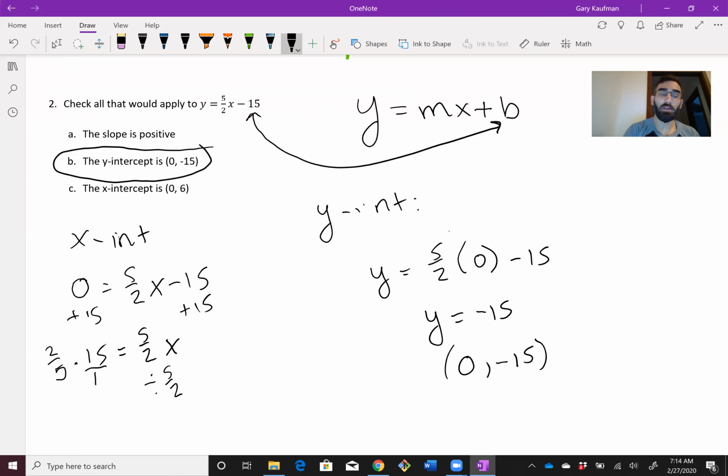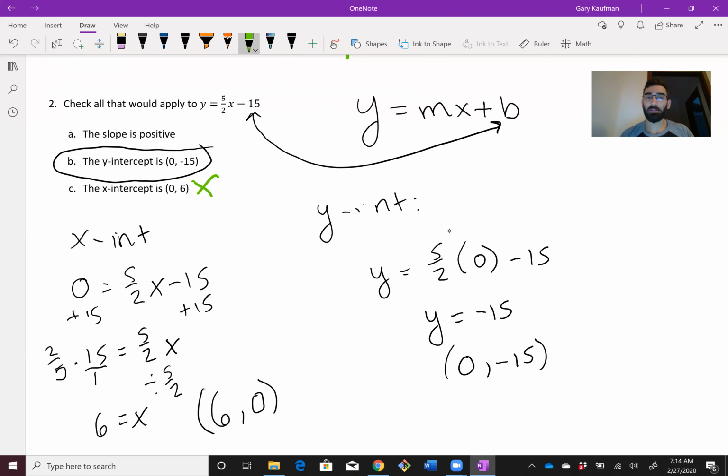Put that over 1. That's 30 over 5, which is just 6 equals x. So we think C might be correct, but x is 6. That means the ordered pair is 6, 0. I did that on purpose. So C is wrong. It's not written correctly.